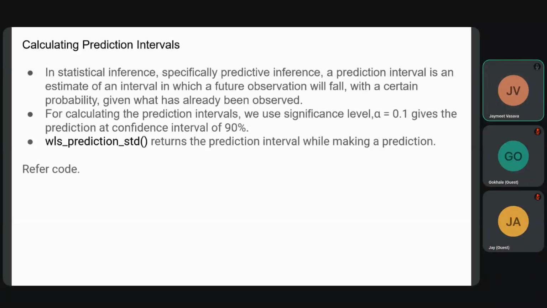So here, as you can see, we are using an alpha value of 0.1, which gives us a confidence interval of 90%. We'll be using the wls_prediction_std method, which will return the prediction interval while making a prediction as well.